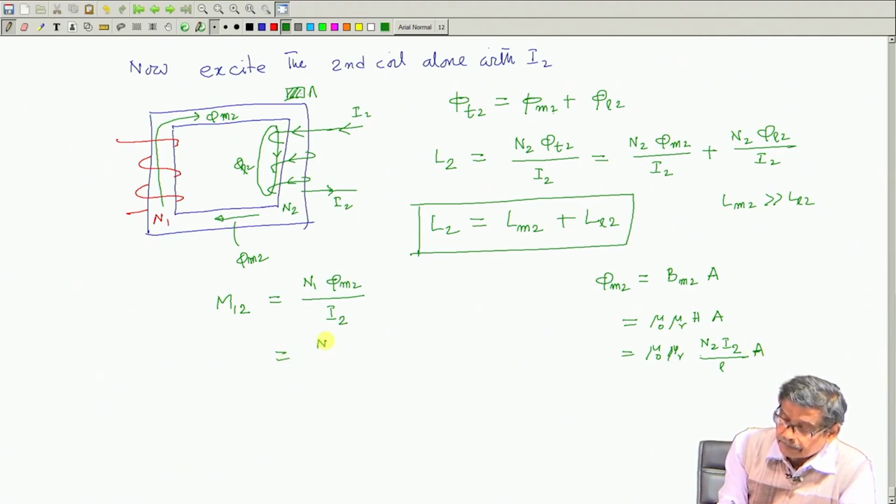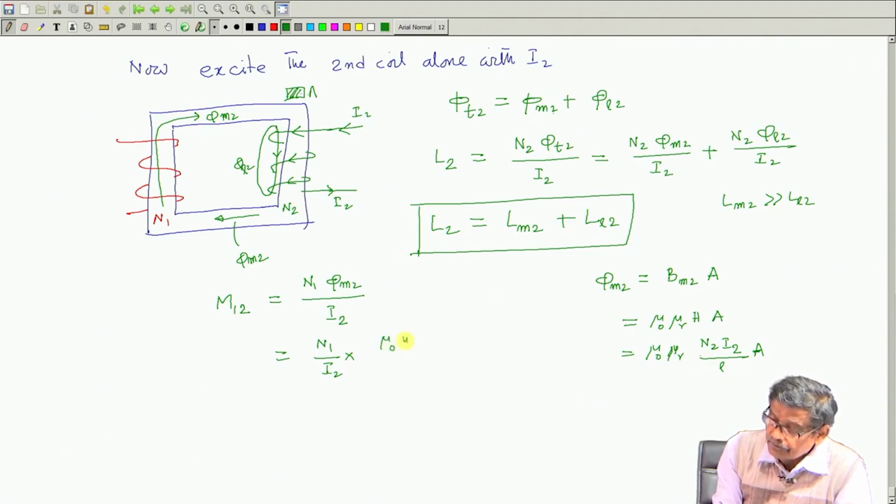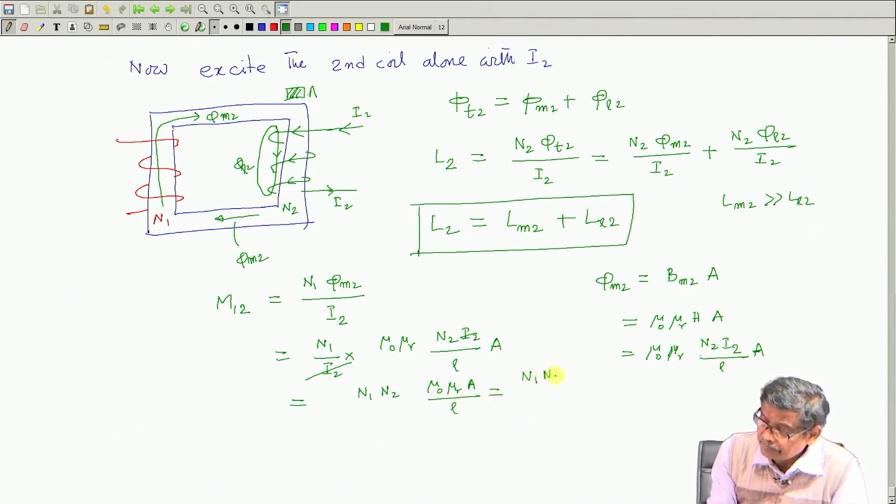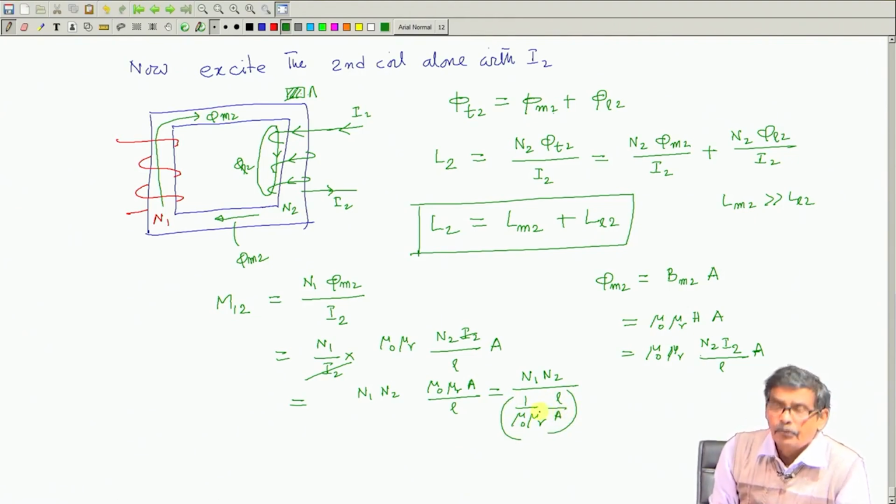Put this value of phi m2 here: N1 by I2 into phi m2 is mu 0 mu r N2 I2 by L into A. You see, this I2 goes and you will be getting N1 N2 into mu 0 mu r into A divided by L, which is nothing but N1 N2 divided by 1 over mu 0 mu r, L by A. And this quantity depends on the physical dimension of the core and the properties of the core, same material.